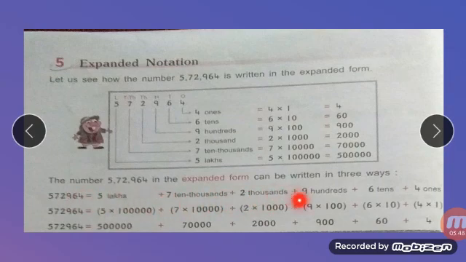Then plus 9 hundreds, here you have done, no? 9 is in hundreds place. Plus 6 tens plus 4 ones. Clear? 6 tens, because 6 is in tens place, so 6 tens plus 4 ones. So this is the first way which we are following here to write the number in the expanded form.